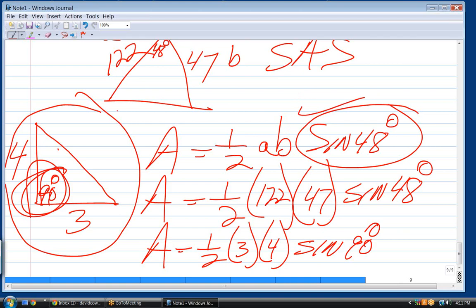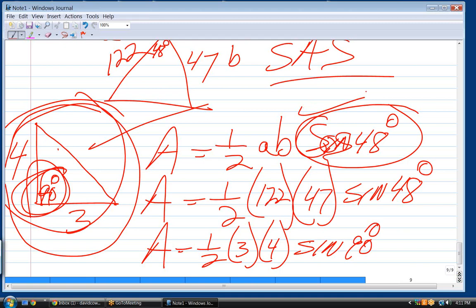Whenever you memorize it, make sure that it fits the right triangle also. In other words, we wouldn't want that to be cosine. If you mistakenly wrote cosine of 48, it would not fit this picture because the cosine of 90 is 0. So make sure that it fits the picture of the right triangle, that you know how to calculate the area. Okay? And this formula is really, you're only going to use it when you have side angle side. Okay.